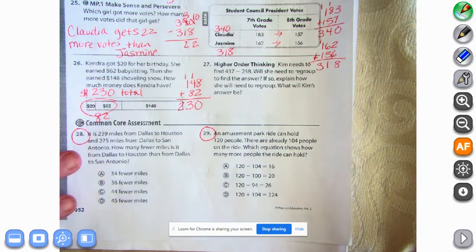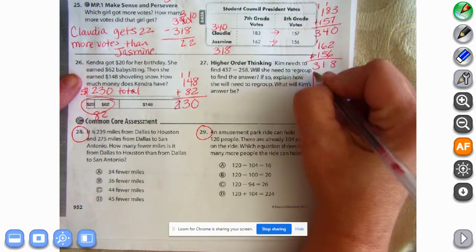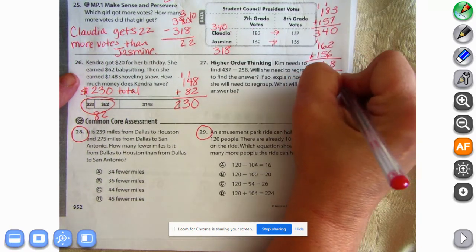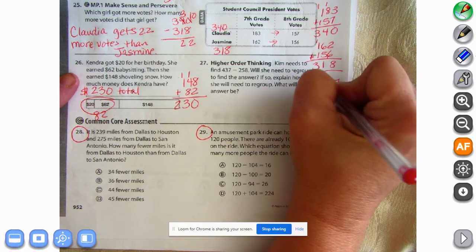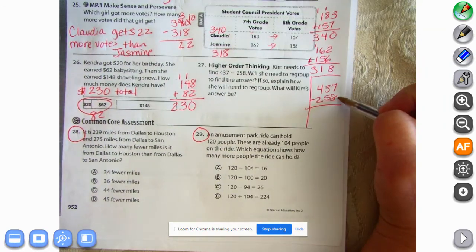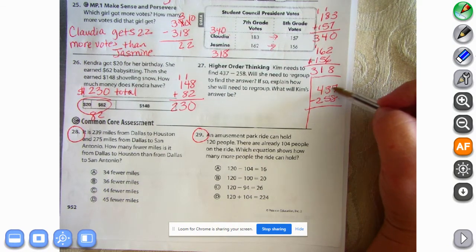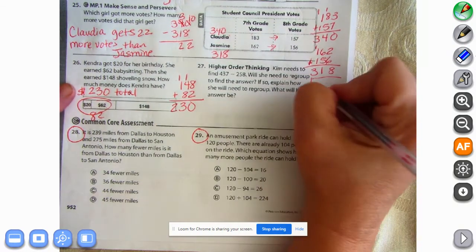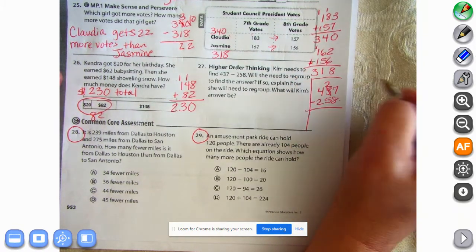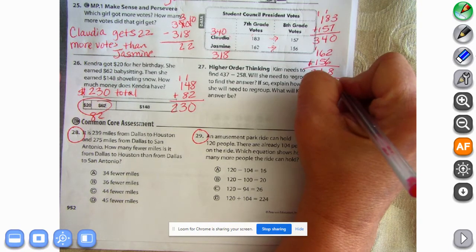All right, so we're going to have to make a little room over here, make a little line here so I know where my problem is. I'm going to do 437 minus 258. I'm already seeing that I don't have enough ones, so I'm going to have to regroup this 10 and bring it over to my 1. So we're going to take one of the 10s away, leaving the 2 10s there, and bring over the 10. 10 plus 7 is 17.